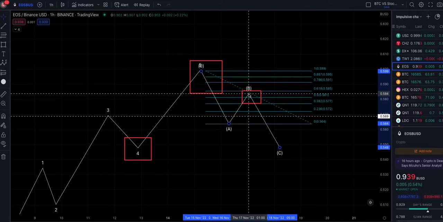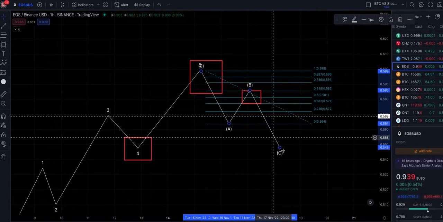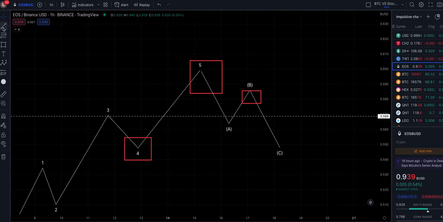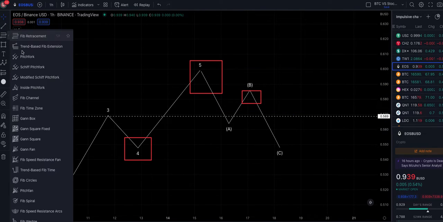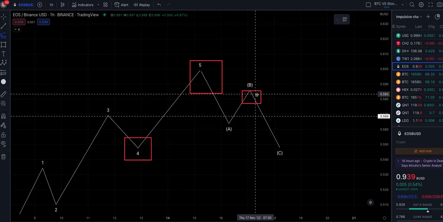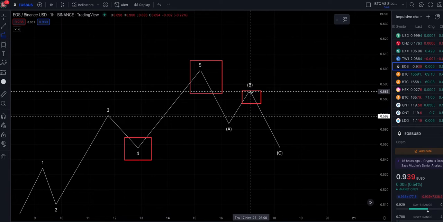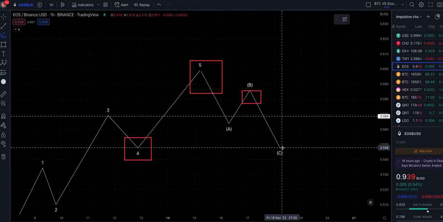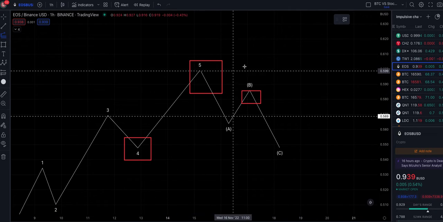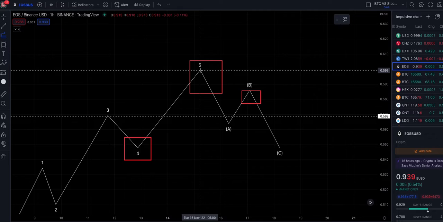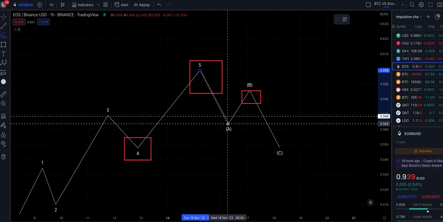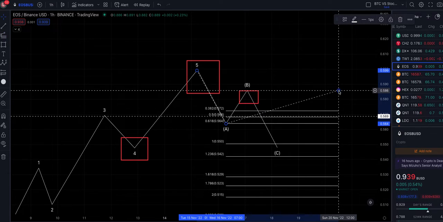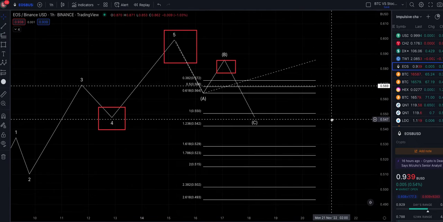So depending on where the wave B finishes, you would then get a wave C down. All right. So if we take the fib extension tool, I could actually give you, once the wave B has finished, a target for the wave C. Now, there's a couple of ways of doing this. You can take the length of wave A up to the wave B, and then you get two targets.